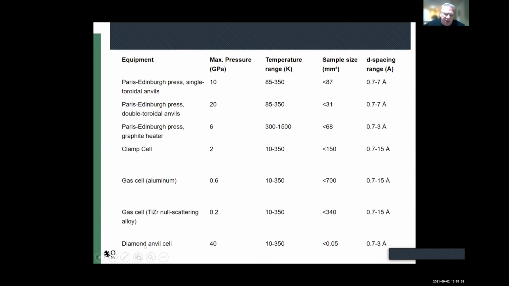When it comes to diamond anvil cells, we advertise 40 GPa as a standard reachable pressure. However, we have had several experimental runs recently where we've gone to a megabar, very close to a megabar, and over a megabar. And with our cryostats, 10 Kelvin to above room temperature.